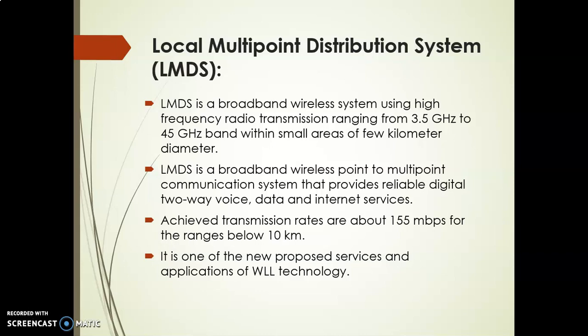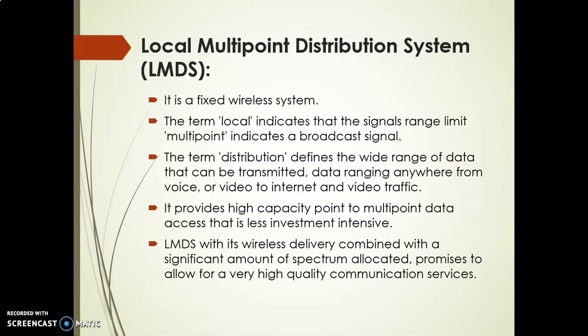That means at the same time you can transmit and receive the data, voice or internet services. Achieved transmission rates are about 155 Mbps for the ranges below 10 km. It is one of the new proposed services and applications of WLL technology. Now, it is a fixed wireless system.